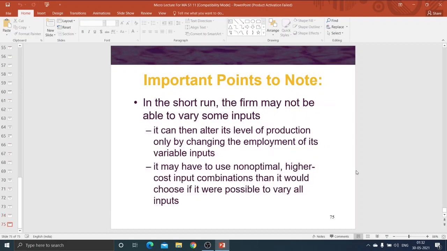In the short run, the firm may not be able to vary some inputs, so it can alter its level of production only by changing the employment of its variable input. It may have to use a non-optimal, higher cost input combination than it would choose if it were possible to vary all inputs. That is what we have discussed today.